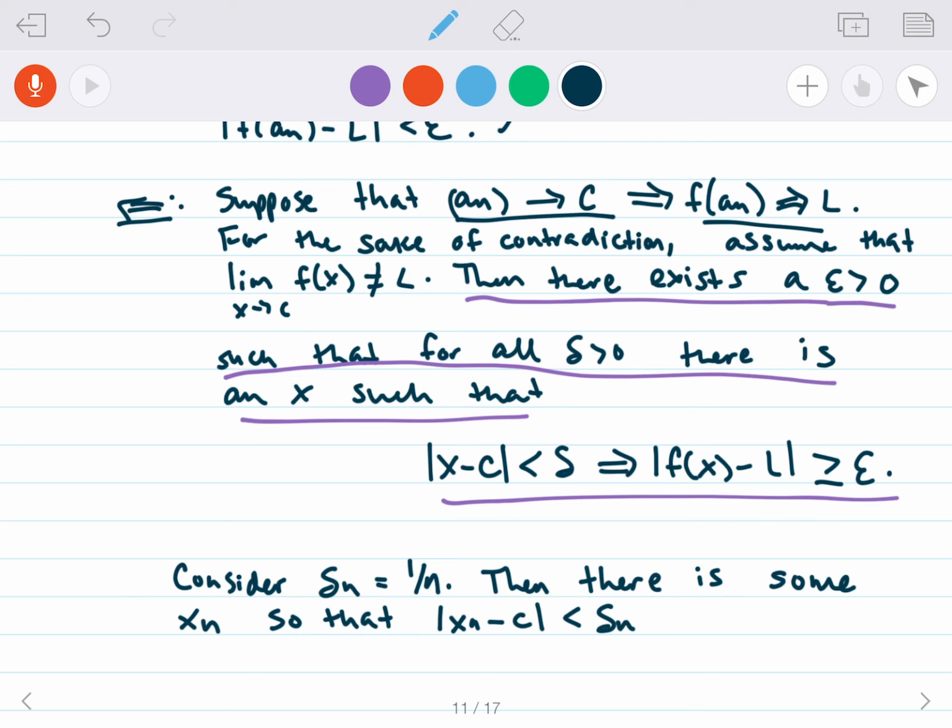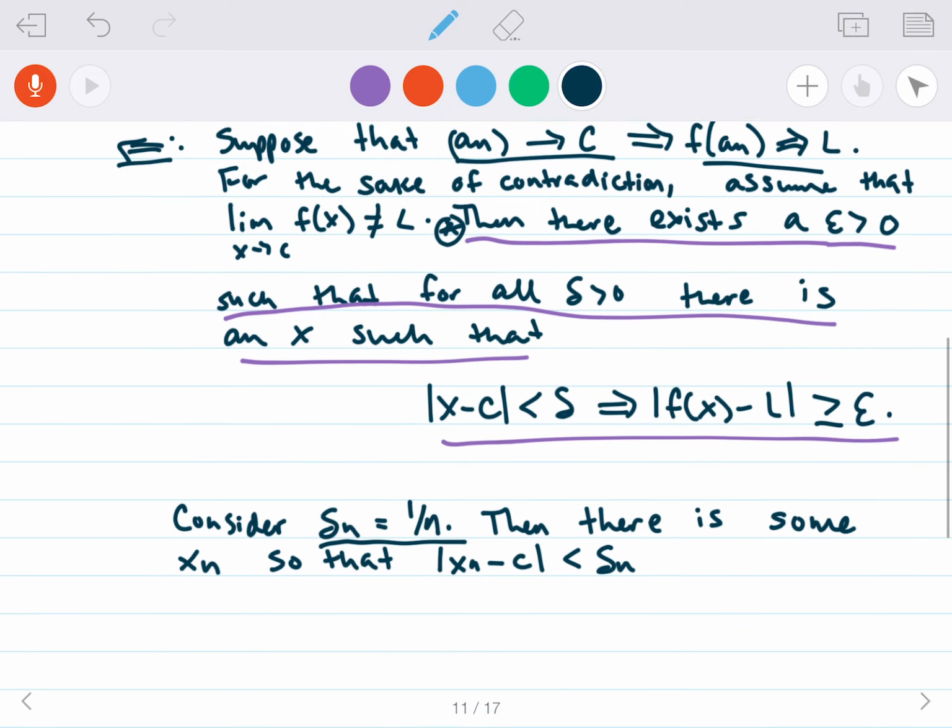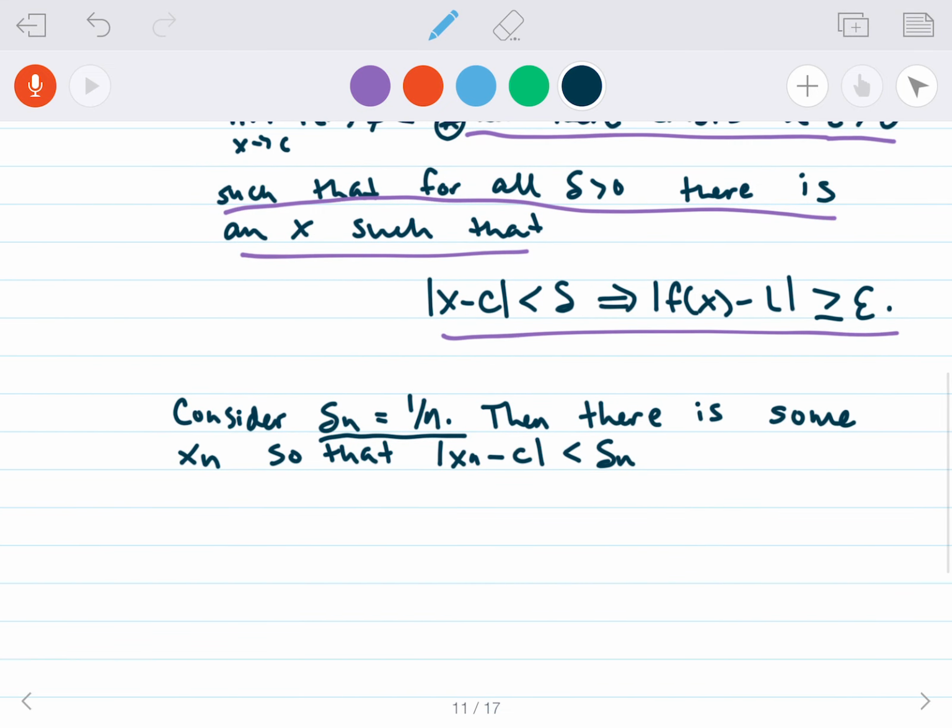Remember, this piece right here is saying that for any delta neighborhood, so I'm choosing my delta neighborhood to be dependent on n. Okay, there's some xn so that xn minus c less than delta n implies that f of xn minus L is going to be bigger than or equal to epsilon.